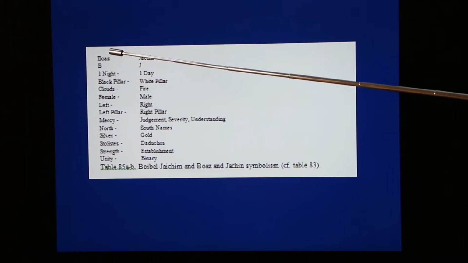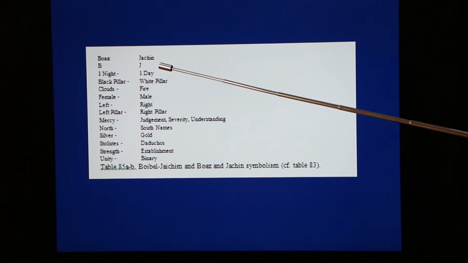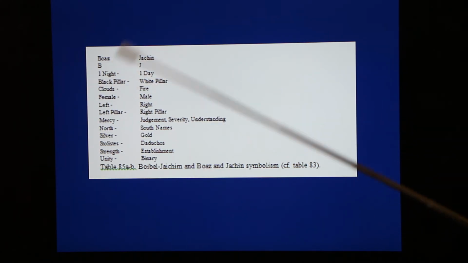And one of the most famous versions has B and J, and these become 2 columns, Boaz and Joachim, that we have then in the Old Testament and linking with the Freemasons and so on.